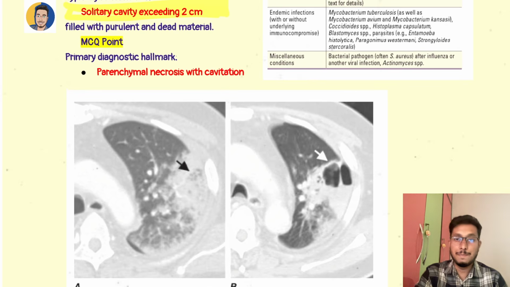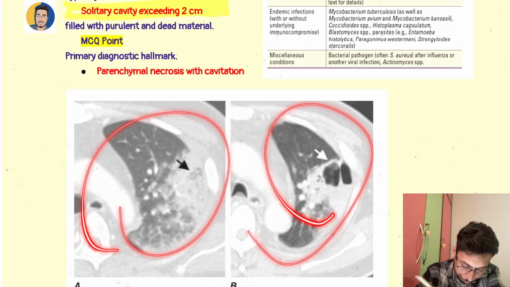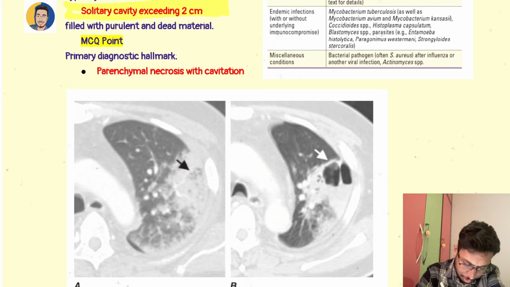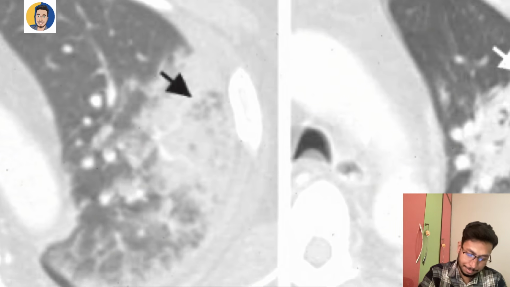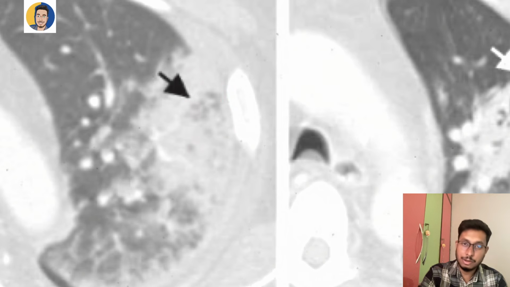As you can see in the imaging, in the left-hand panel and the right-hand panel, in the marked part you can see some consolidation in the lung tissue, along with marked air foci. What does it denote? It denotes the stage of necrosis.